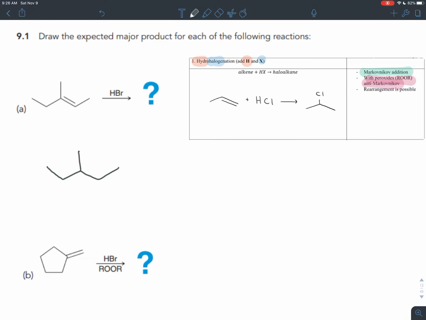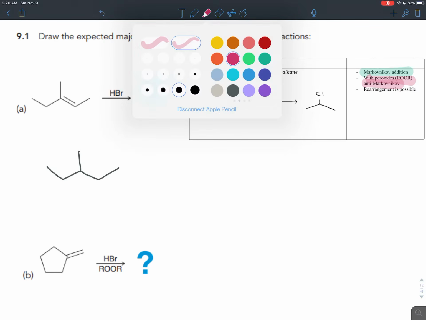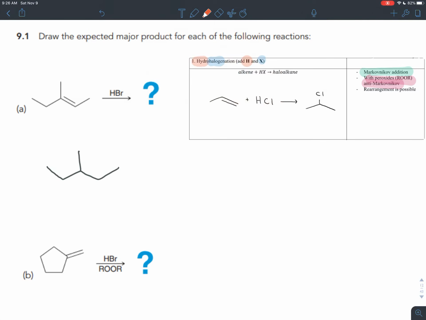Now you want to identify the two carbons that you're going to add your H and your X onto. Well, we know that the H gets added to the less substituted carbon. We know that because here there are no peroxides, so this is Markovnikov addition. We don't see ROOR, like over here. So the H is going to go to the less substituted carbon.